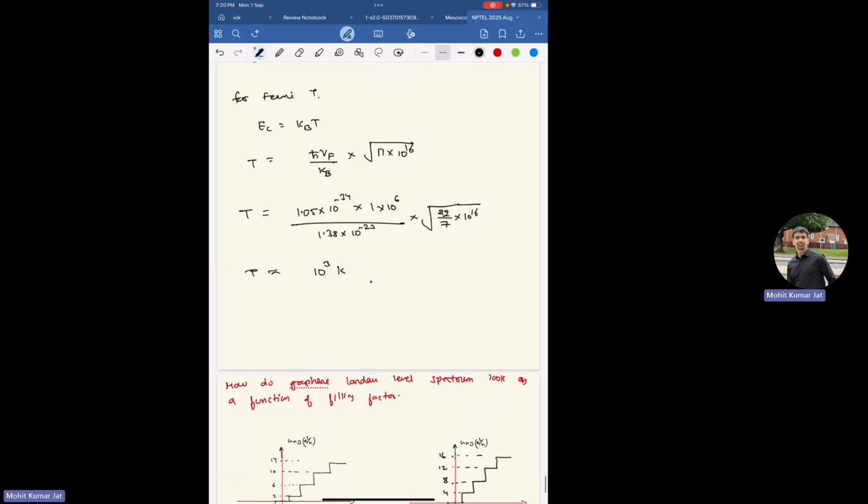So in today's class, we discussed the Landau level spectra of 2DEG and the Landau level spectra of graphene. We compared those two spectra and how they differ. Then we discussed how the Zeeman splitting and the Landau level splitting differ in graphene, because in the 2DEG we derived that they are essentially the same, but here they are very different.